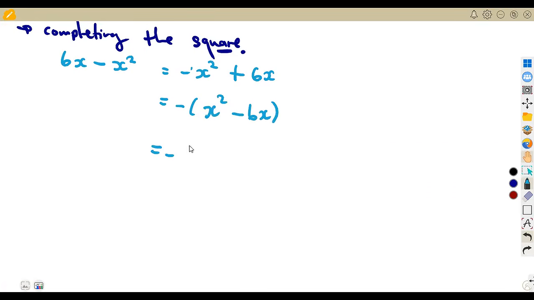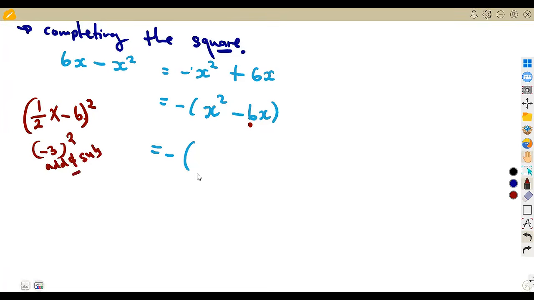Then remember, from the completing of the square method, you need half of the coefficient of x, which is negative 6. Half of negative 6 is negative 3, so we have negative 3 squared, which we are supposed to add and also subtract on our expression.